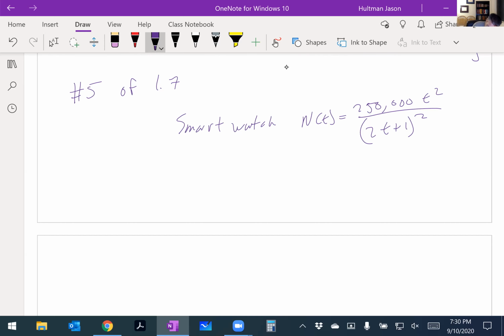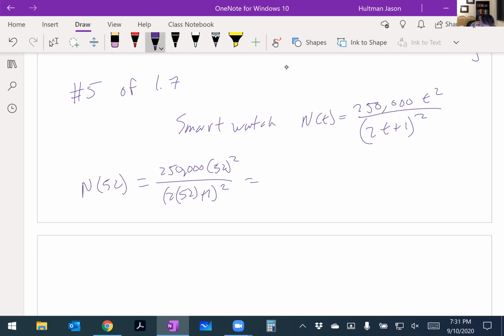Okay, so let's run some numbers here. What was N of 52? How many watches are being sold after 52 weeks? So I'm going to plug this in. 250,000 times 52 squared over 2 times 52 plus 1, squared. So that's 250,000 times 52 times 52, that's the top.